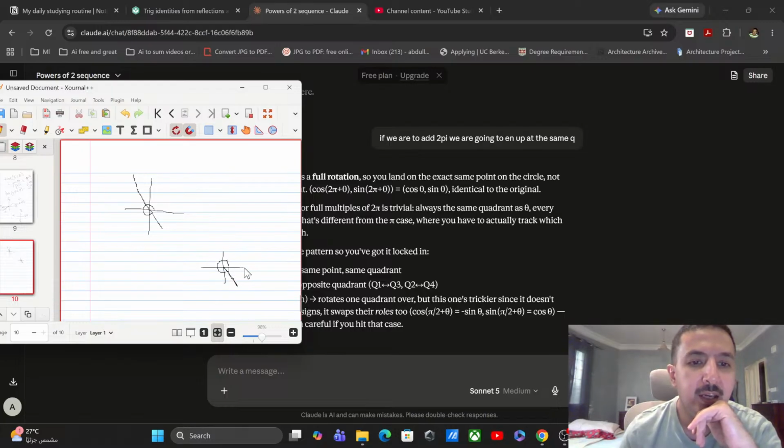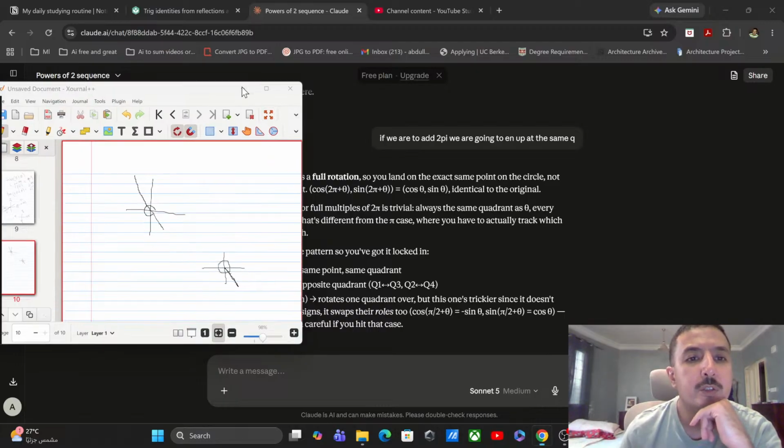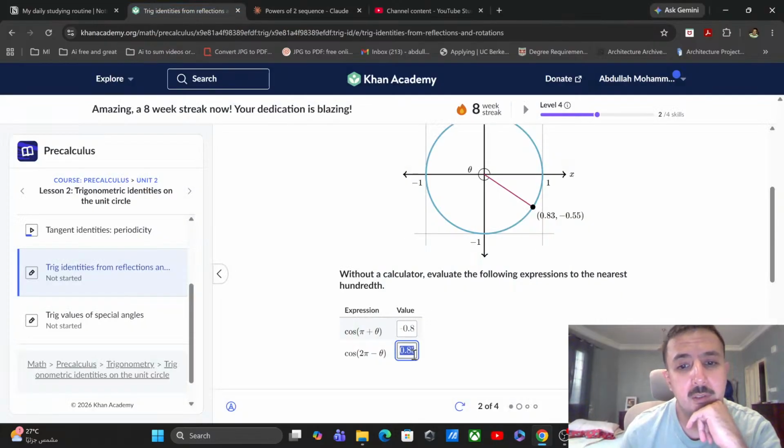Minus the theta is going to give me 0. The y is 0. So it's going to be 0, I guess. The tangent is going to be, wait, 0 over 0, 1, I don't know, 0. Doesn't matter, because look, here we just minus the theta.